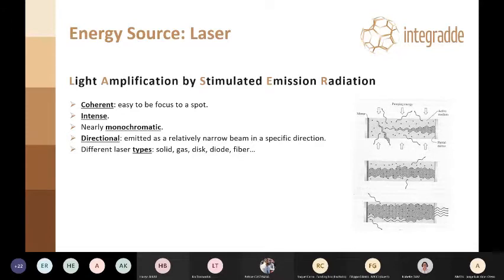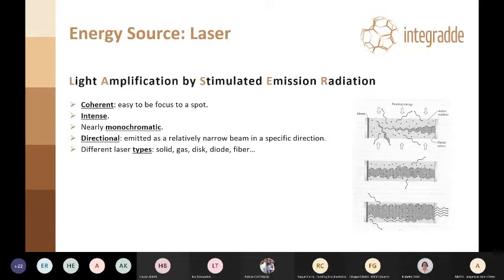So what you get is an energy beam that is coherent, so it's easy to focus in a small spot with high intensity and high energy. It is nearly monochromatic, almost a single, very narrow wavelength. It is very directional, so you get a relatively narrow beam in a specific direction over a long distance.